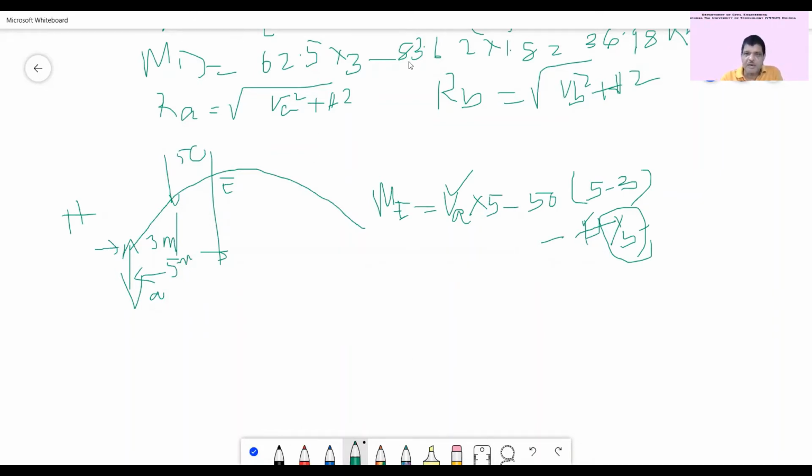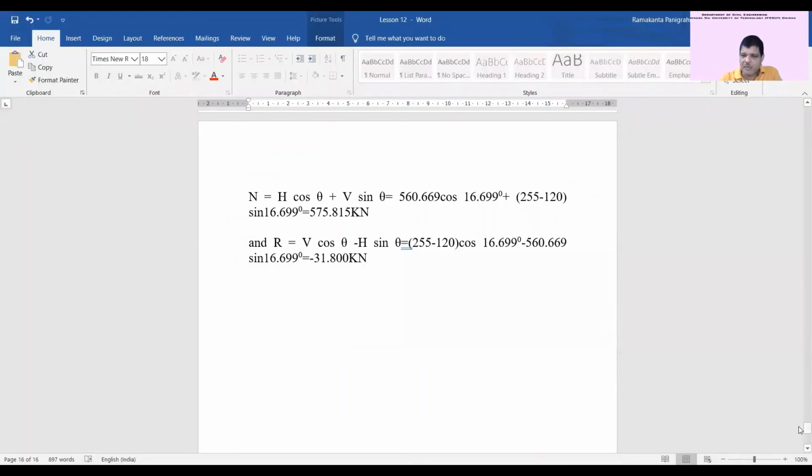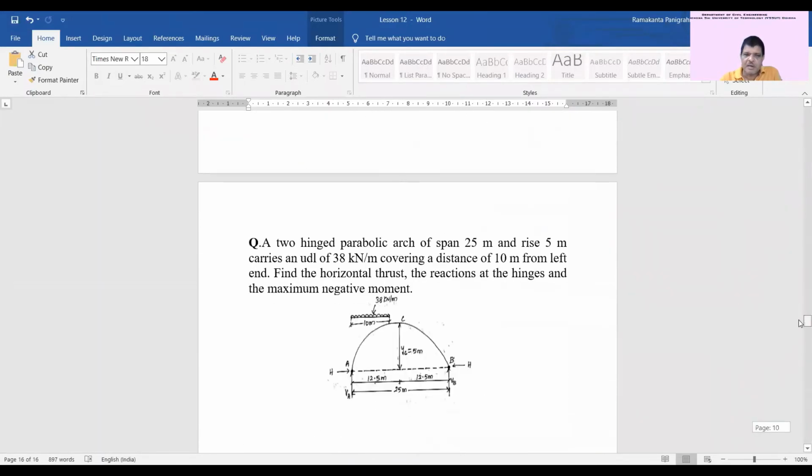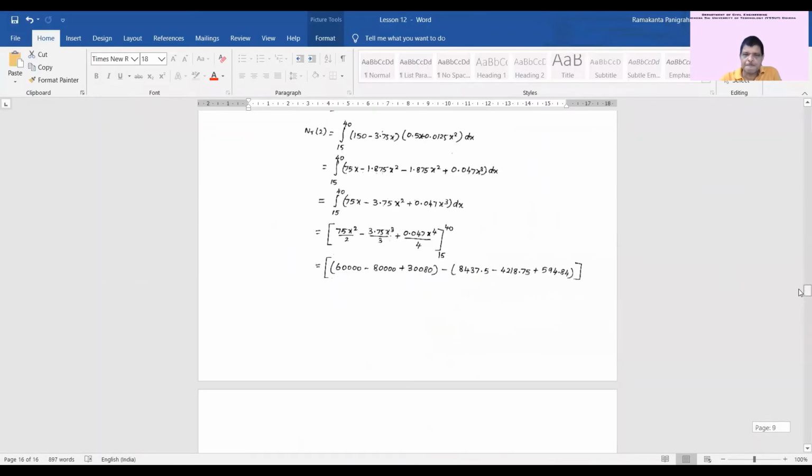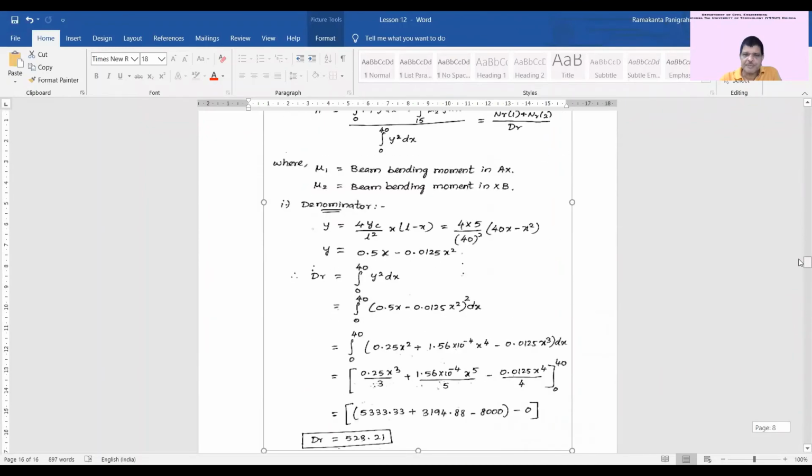Now we can also check some problems which we will see from the fundamentals, how to calculate the equations for these problems.